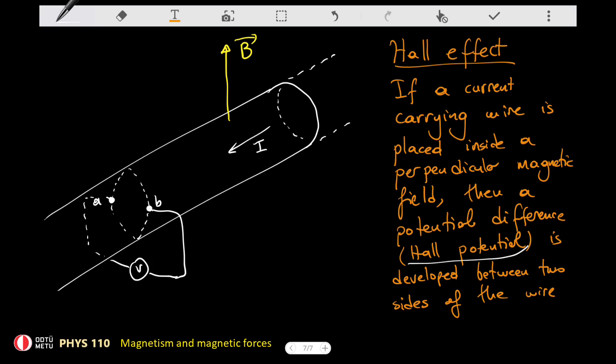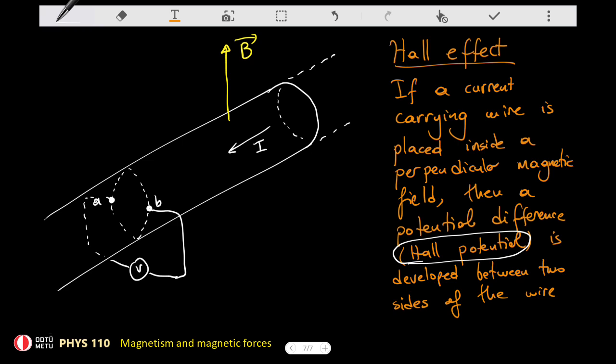That potential difference is also called the Hall potential. The value of that potential difference gives us some important clues about the charge carriers, right? But first of all, by using the sign of that Hall potential, we can determine what the sign of the charge carriers are.